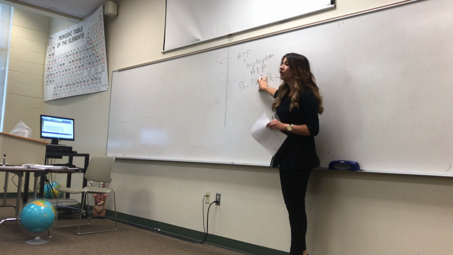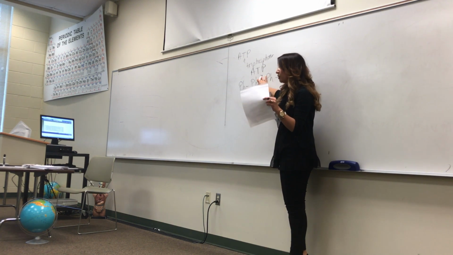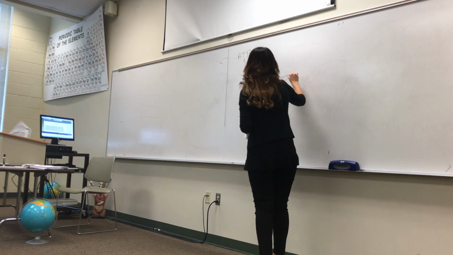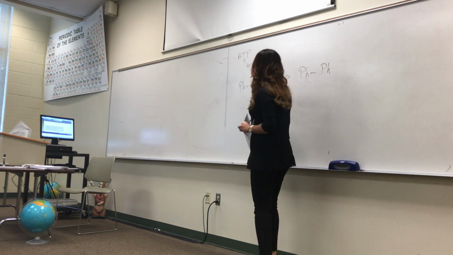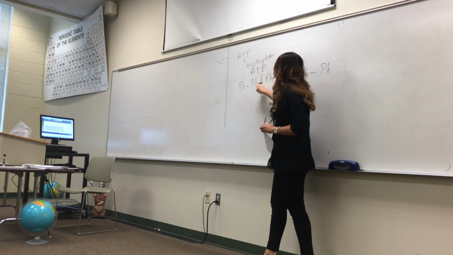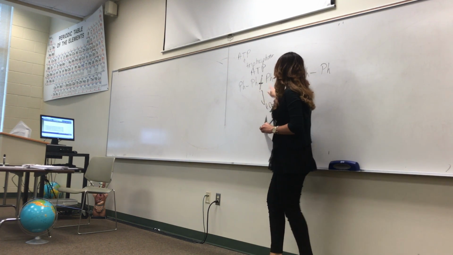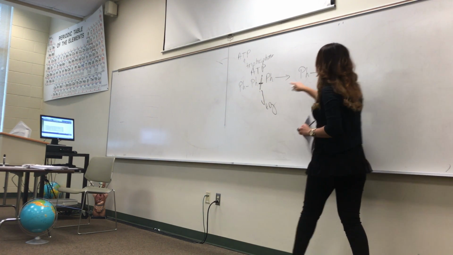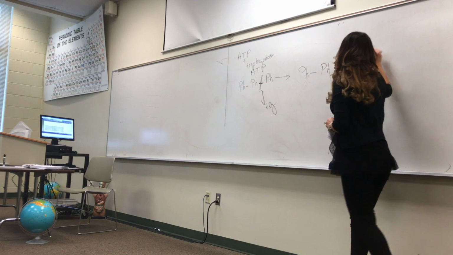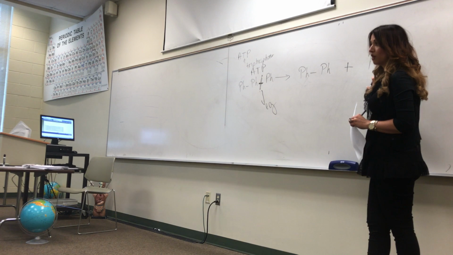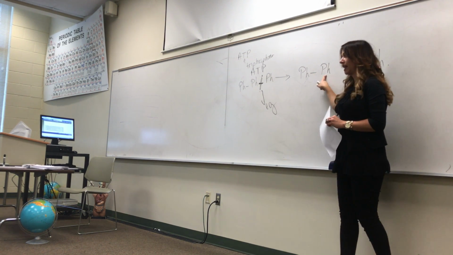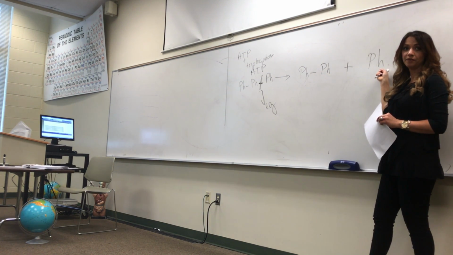When I use one ATP for energy production, here's what I have resulting: phosphate, phosphate, and because I broke this bond and released the energy, a phosphate by itself, okay?